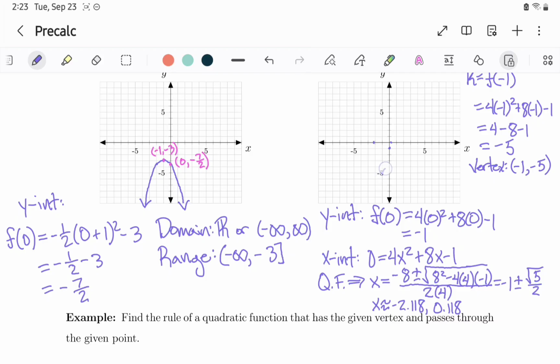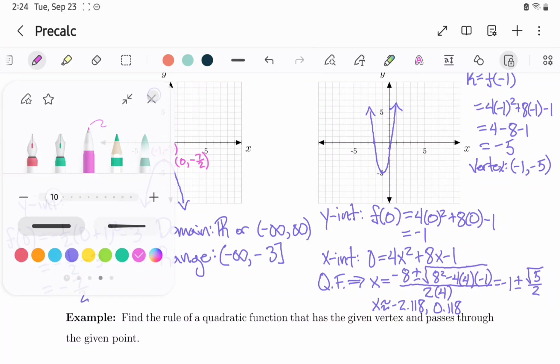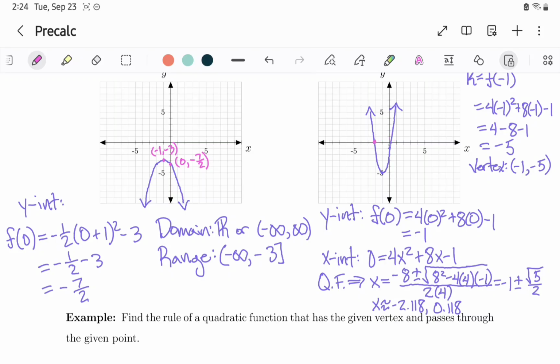Okay, so let's go ahead and sketch our graph here, and label our intercepts along with the vertex.